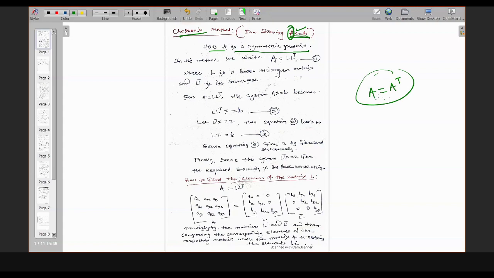Okay. So in this method, what you have to do? First you write A as the product of a lower triangular matrix and its transpose. In the LU decomposition method, you wrote A equals the product of L and U. But in the Cholesky method, this is the product of L and its transpose, where L transpose represents its transpose.